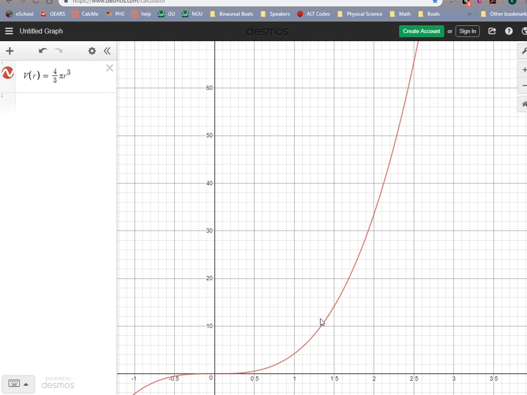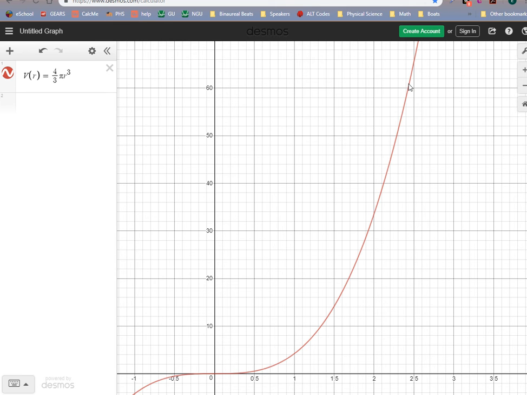So notice that as R increases, volume starts to increase at a higher and higher rate as the radius increases. If I double the radius of a balloon, I'm not just doubling the volume, I'm increasing it by a factor of 8. So the volume keeps going up more and more quickly, right? But what does a derivative do?